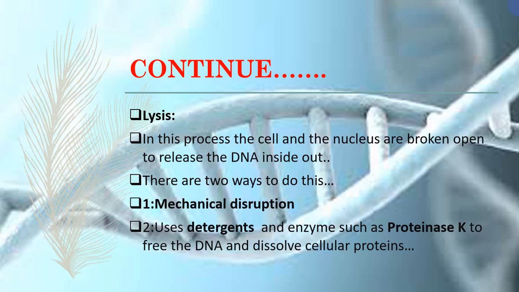In the second method, we use detergents or another type of chemical, an enzyme called proteinase K, to free the DNA and dissolve cellular proteins. Lysis is done in two different methods: the first one is mechanical disruption, and the second is the use of detergents or enzymes.